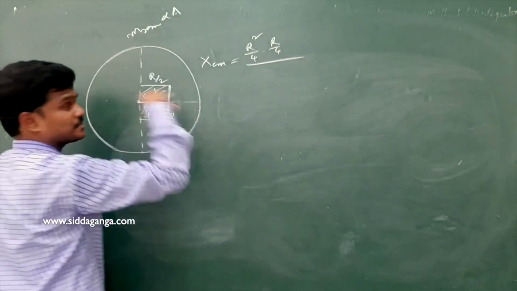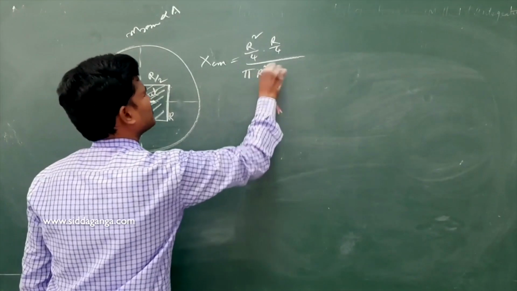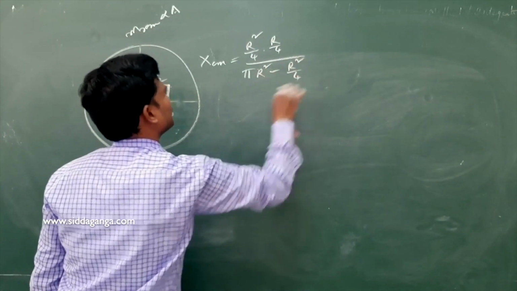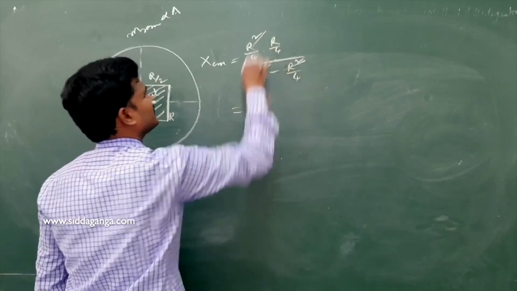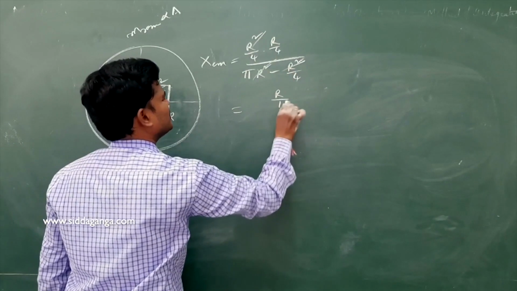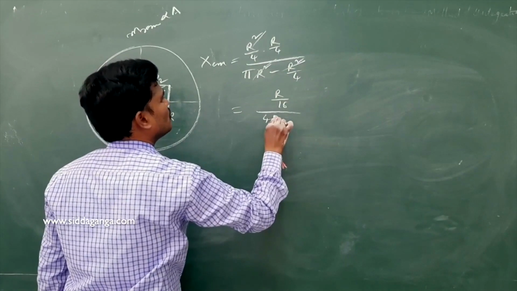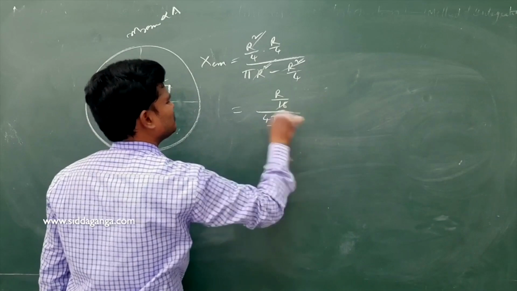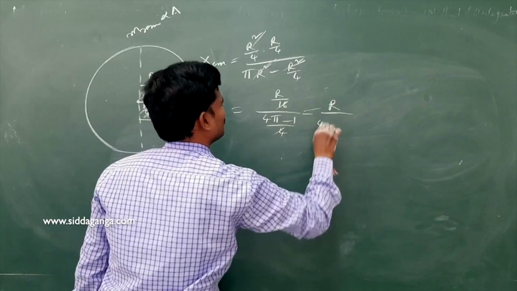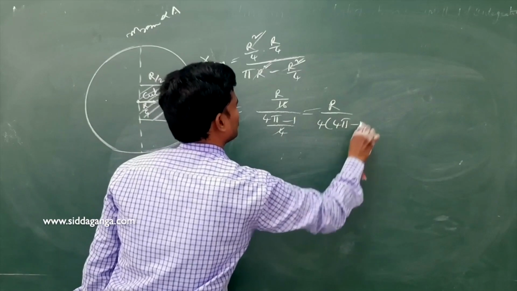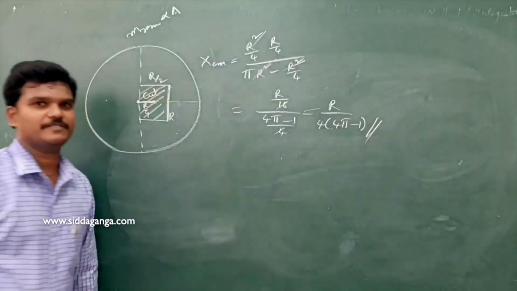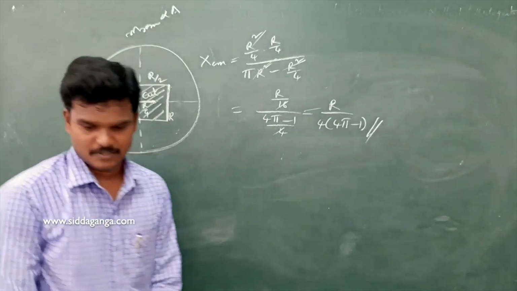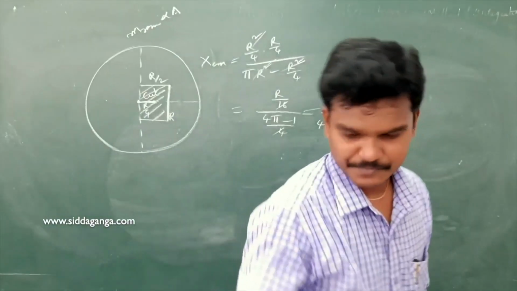Total mass pi r square by 4. Just r square you can strike off. R by 16. R by 4 into 4 pi minus 1. Okay, verify these things.